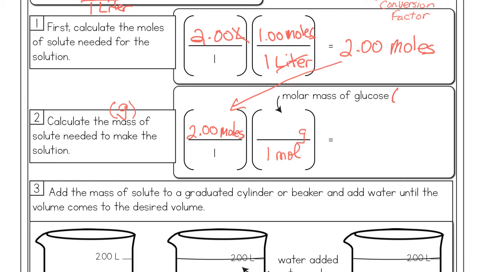The formula for glucose is C6H12O6. You should be very good at calculating molar masses at this point, so I'm just going to tell you the molar mass of glucose is 180.18 grams per mole. So this is going to be 180.18 grams.